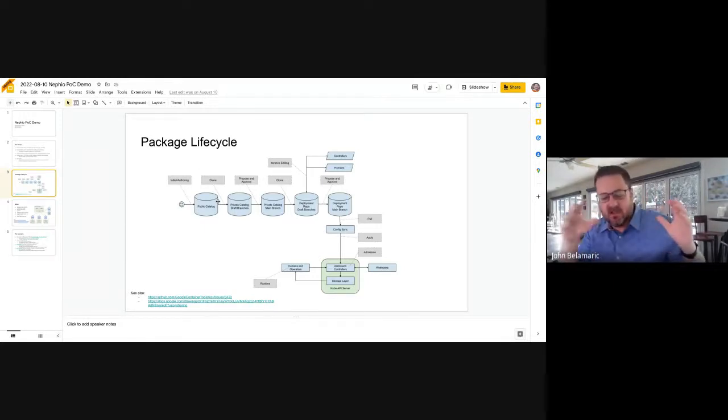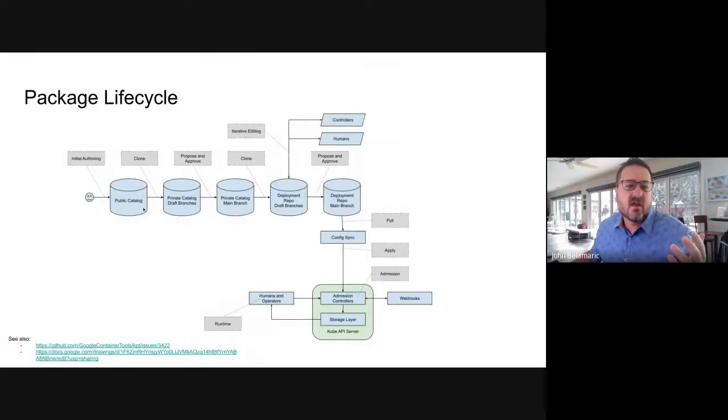remember that the general idea is you start with a package that's maybe in a vendor's catalog. That represents some network function with the vendor's expectations of the basic configuration, best practices, but there's nothing specific to your environment in there.